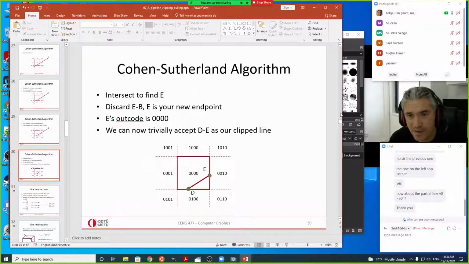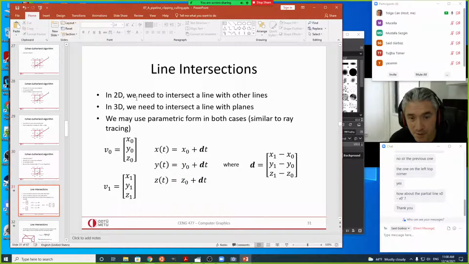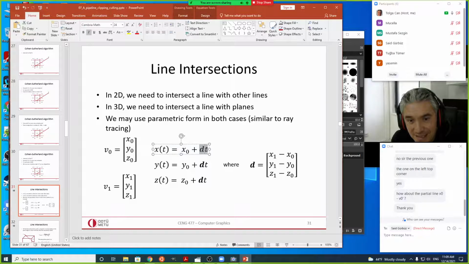Okay, and for the line intersections, we can easily use the parametric line equation of our V0, V1 endpoints of our line segments. So this is our parametric line equations. When we are doing the intersection, all we need to do is find this t by plugging in. For this x(t), we can plug in, for example, xmin.